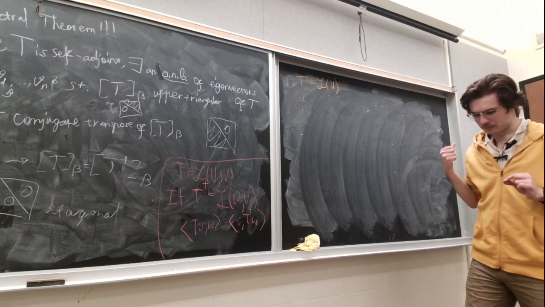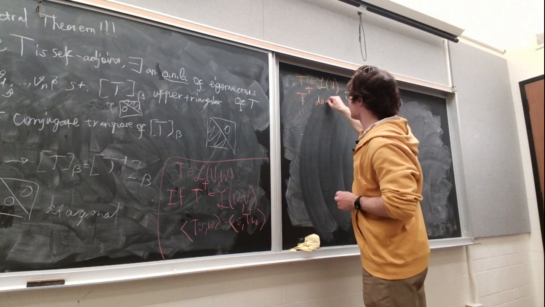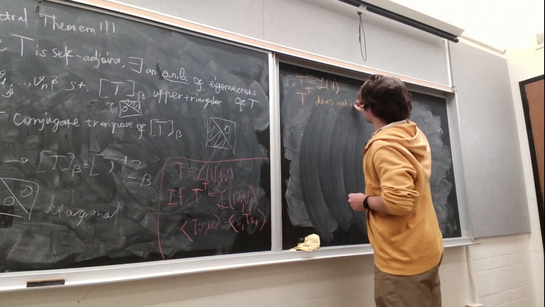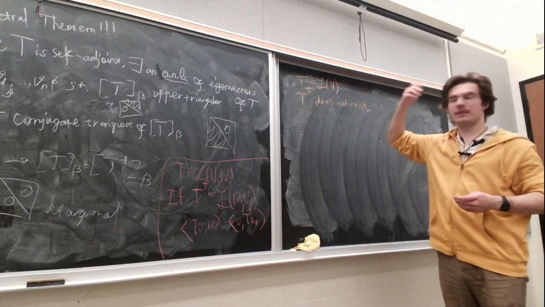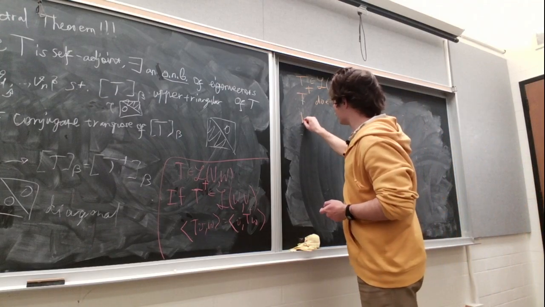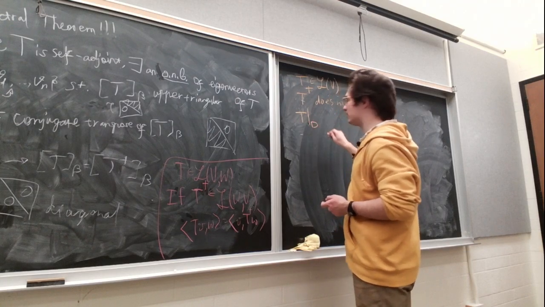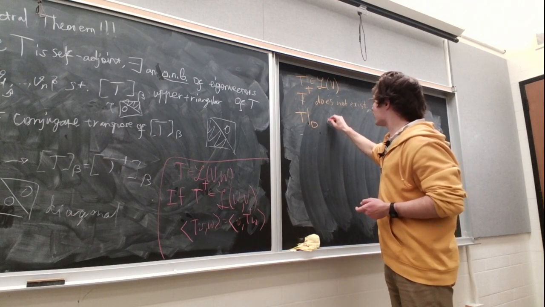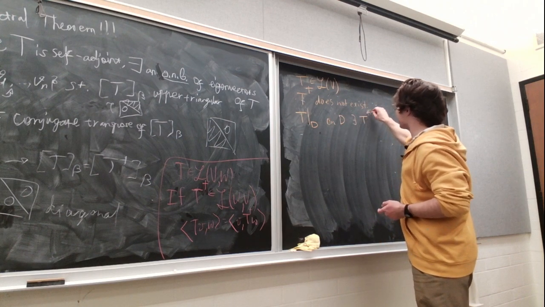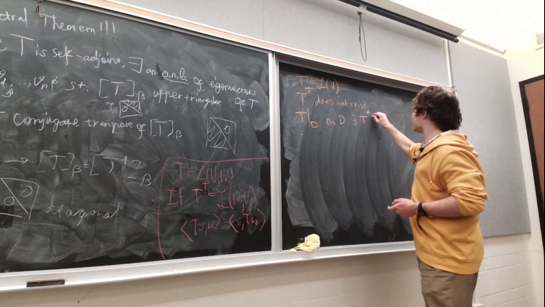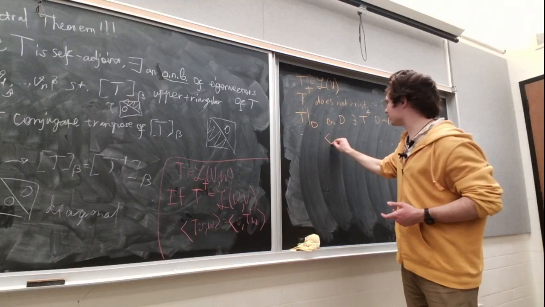And oftentimes T dagger does not exist on all of V, but sometimes you can take T and restrict it to some subspace D, and on this subspace D there exists a T dagger going from D to D, such that it has this property.